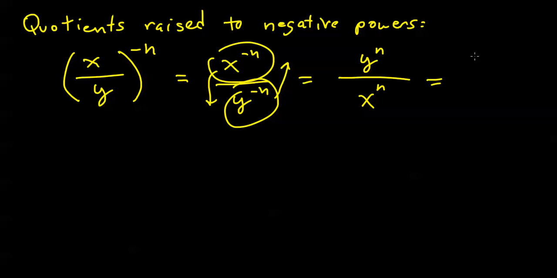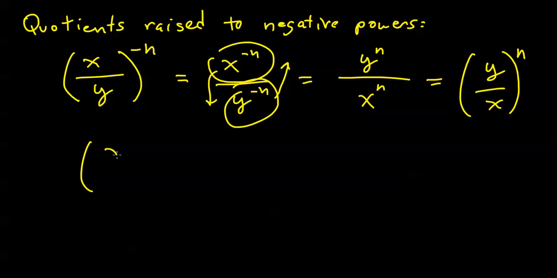And notice I can rewrite this expression as y over x, so it should be an x there, y over x raised to the nth power. What I've just done is proved this quotient raised to a negative power rule. Basically, it says this.